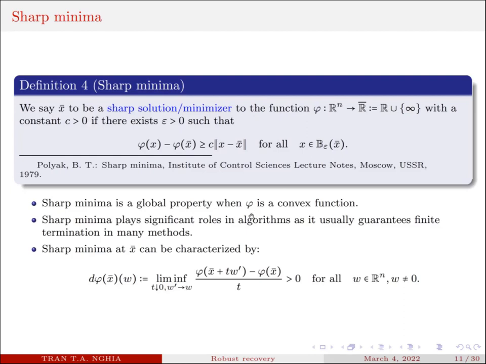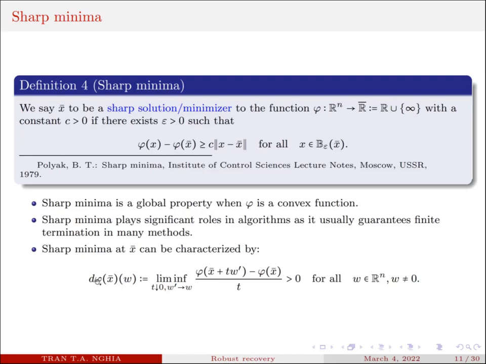And sub-minima, a long time ago, people proved that it's very important in many algorithms because it guarantees finite terminations. In many methods, not all methods, but many algorithms, you're going to have finite terminations because they have this property. From the sense of analysis, sub-minima can be characterized by first order information.